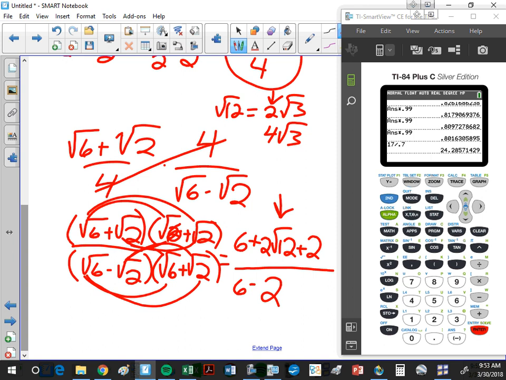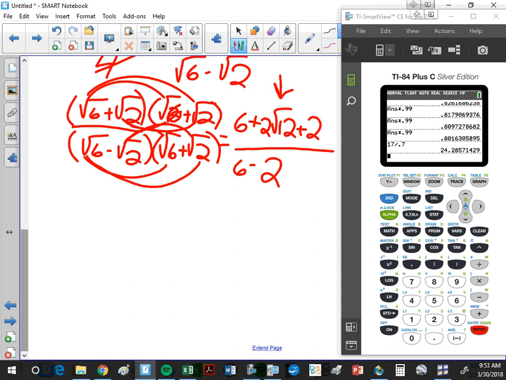What's the square root of 72? 6 root 2. Okay, what if I had 54? Are there any perfect squares in 54? 9. 9 times 6. So we square root the 9. 3 root 6. Okay.